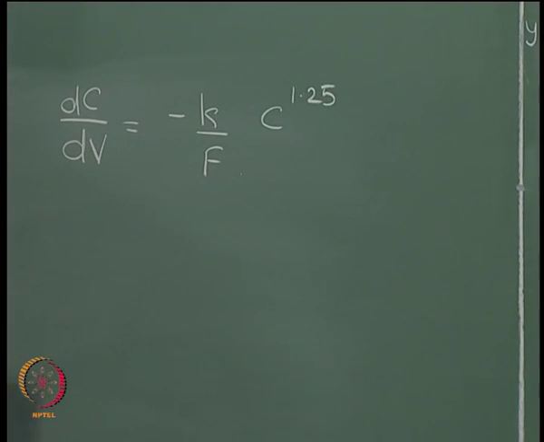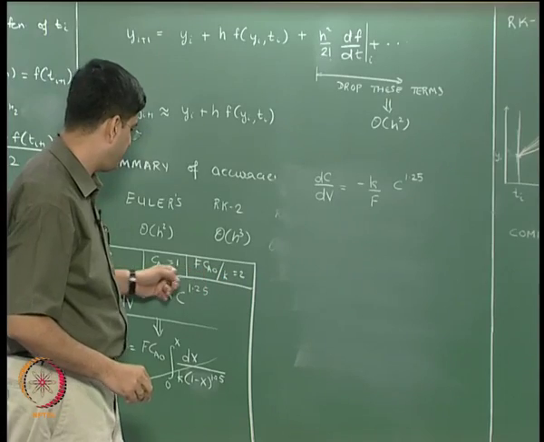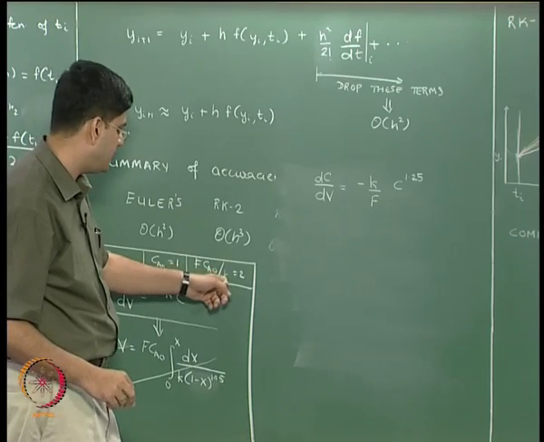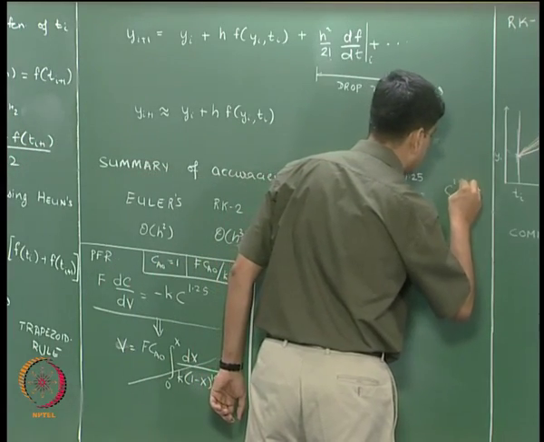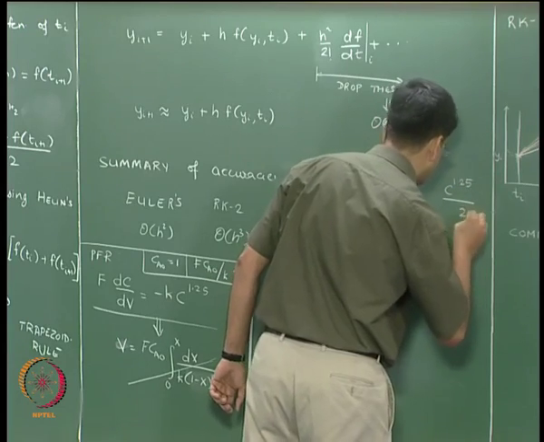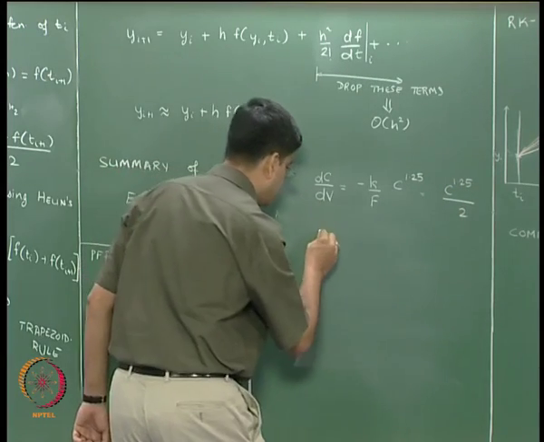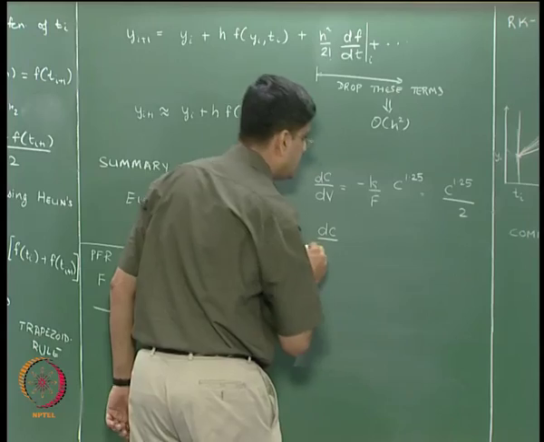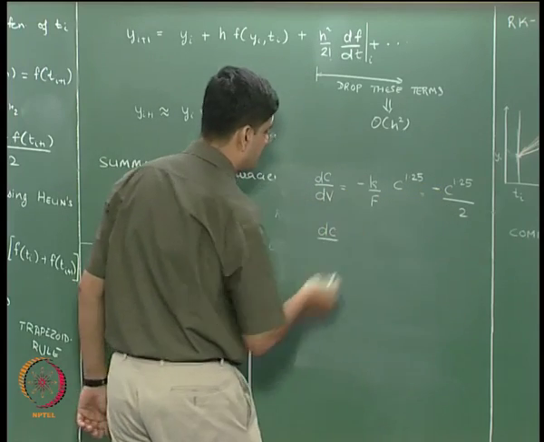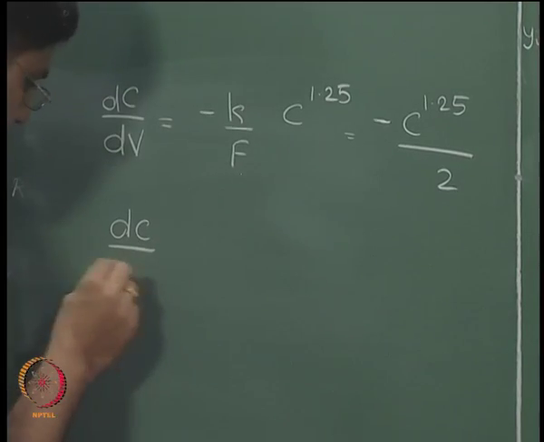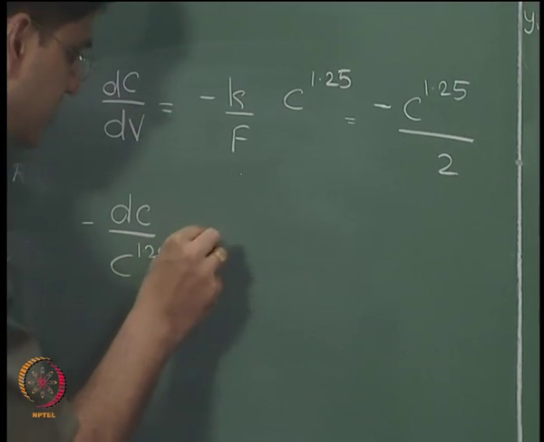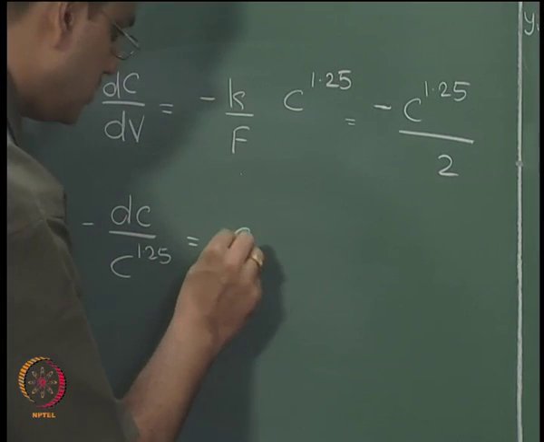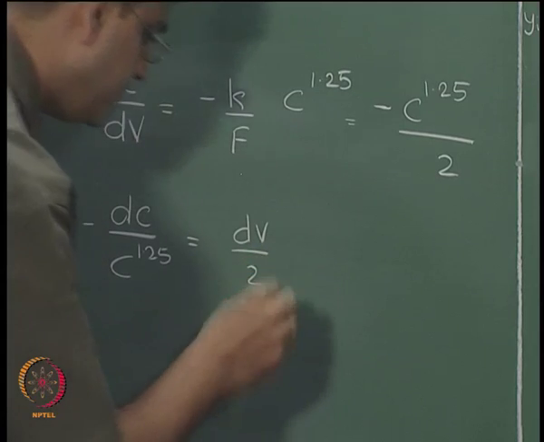Okay, and k by F for Ca0 equal to 1, k by F is nothing but 1 by 2. So this we can write as c to the power 1.25 divided by 2, and we can just rearrange that and we can write dc, and I forgot the minus sign over there, negative of dc divided by c to the power 1.25 is going to be equal to dV by 2.